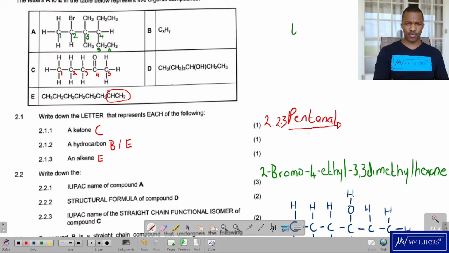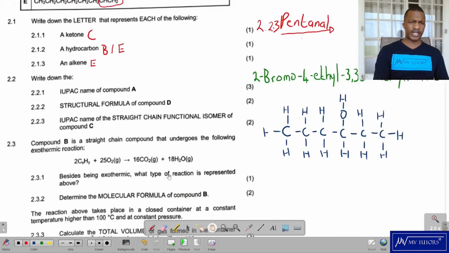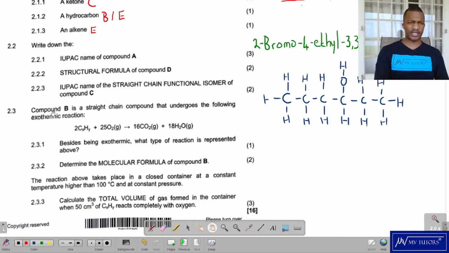Right, let's move right along. Okay, so 2.3 says compound B is a straight chain compound that undergoes the following exothermic reaction. It looks like it has been balanced. So besides being exothermic, what type of reaction is represented above? Okay, so anything where you add oxygen, we call it oxidation.